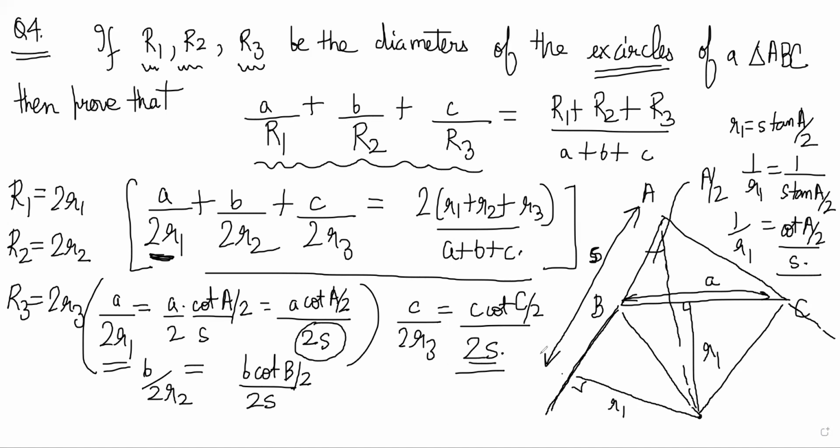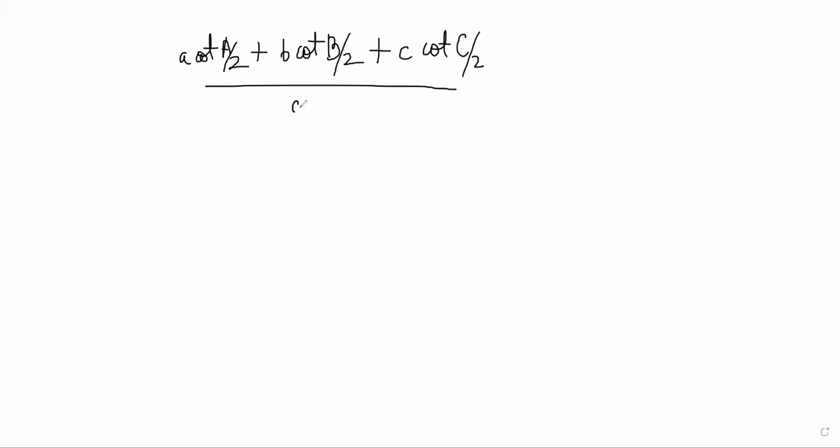So 2S will remain and you will have A cot A by 2 plus B cot B by 2 plus C cot C by 2 by 2S. 2S is A plus B plus C, right? We just have to prove that the top part of it is equal to what?